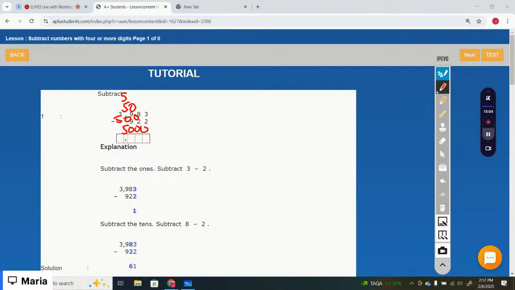So start subtracting from the ones digit. That is 3 take away 2, that is 1. Then 8 take away 2, that is 6. 9 take away 9, that is 0 and 3. So you have to start subtracting from the ones digit. Then you have to subtract the tens, then hundreds, and then thousands.